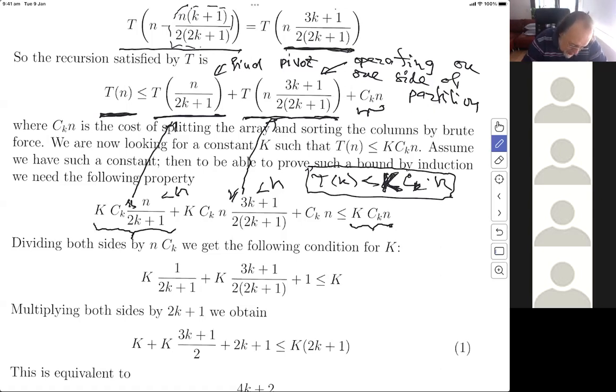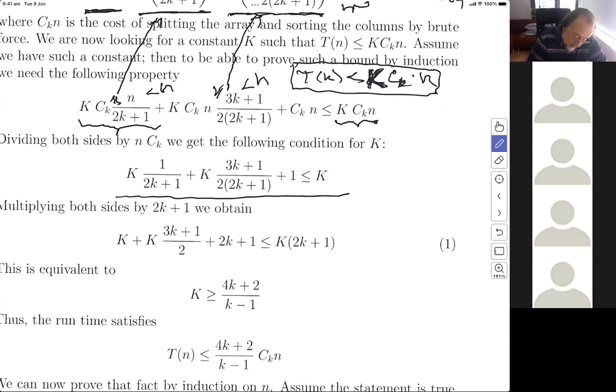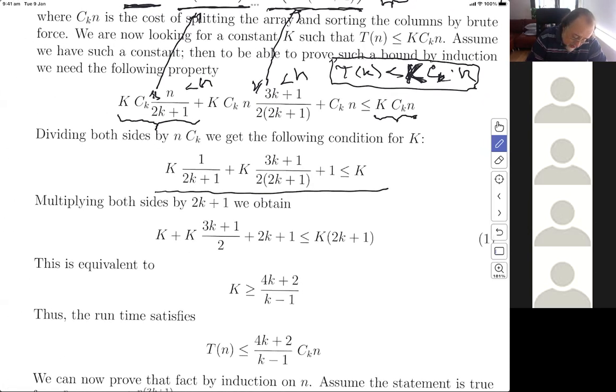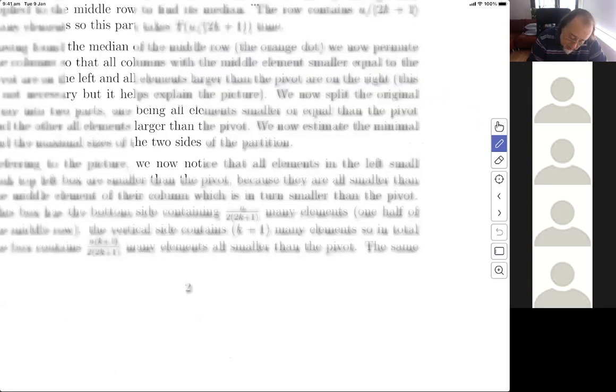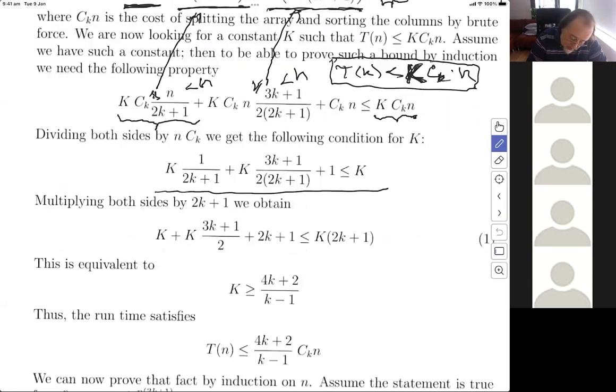So you can divide by n times ck, and you get the following inequality. And then you can just do algebraic manipulation to reduce it to a simpler form, which is this form here.